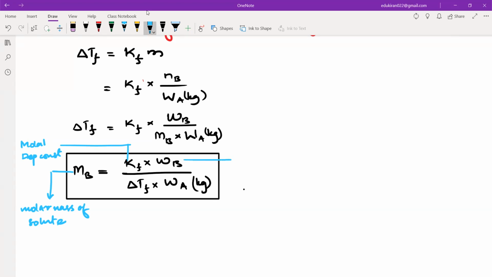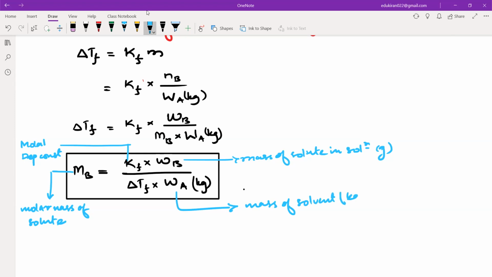Wb will be the mass of solute in solution, in grams. Wa will be the mass of solvent, which we have to take in kg. Delta Tf will be the depression in freezing point. Write this down fast. We will solve one question, then you can go home. Okay.